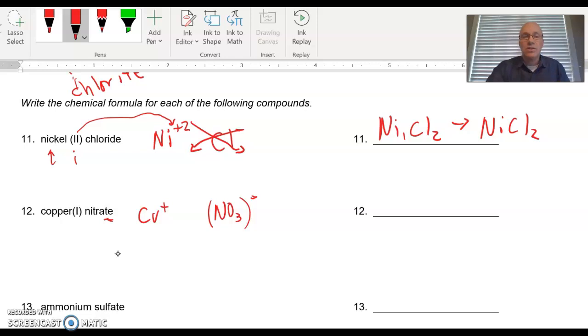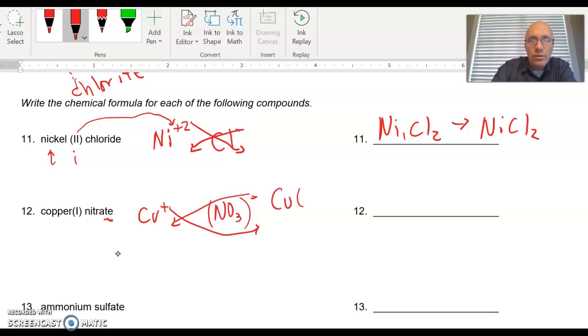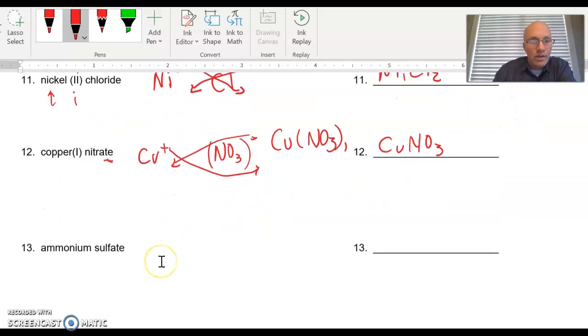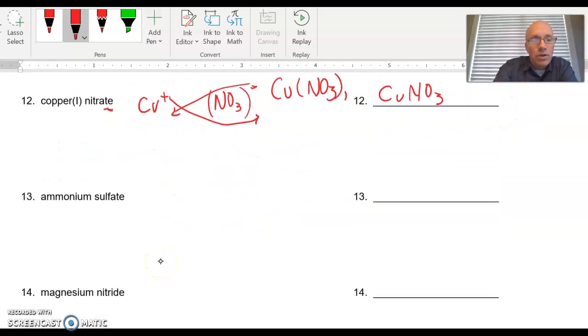My advice is to put the atoms inside parentheses with the charge on the outside. And we're going to crisscross, which would give us Cu(NO3)1. But then we see that there's only one of these polyatomic ions, so drop the 1 and drop the parentheses: CuNO3.